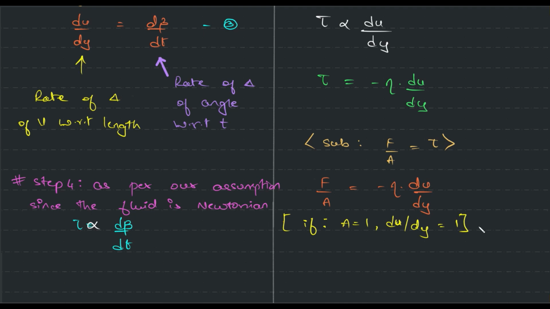This is 1, this is 1. So then I'll get eta is equal to F in terms of magnitude. Remember, we are trying to figure out your coefficient of viscosity. Sorry, I keep calling this nu. Eta is equal to F. So what does it actually mean?